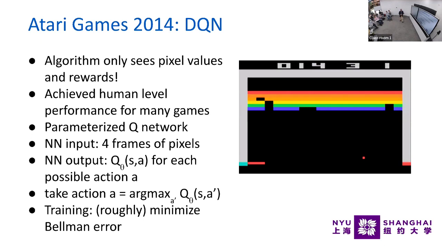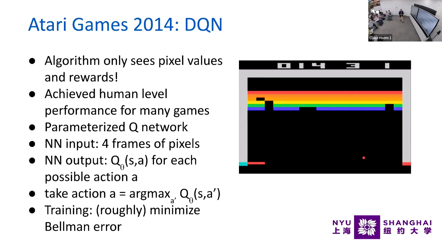This was a major breakthrough. It's still kind of amazing, I find, that an algorithm can learn to play such a complicated game by just seeing pixel values and the points it gets when it succeeds at doing something.